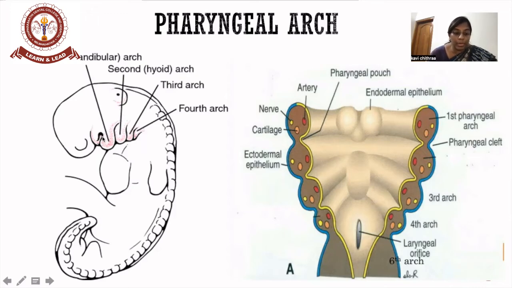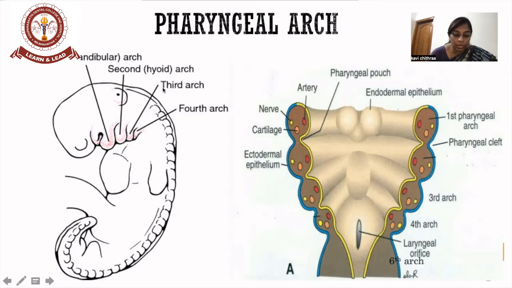Below the bulge, you find a shallow depression, which corresponds to the stomatodium, the future mouth. The neck is then formed by elongation of the region between stomatodium and pericardium. Each of these arches gives rise to several parts, like the mandibular arch, which is the first arch, giving rise to the maxilla.